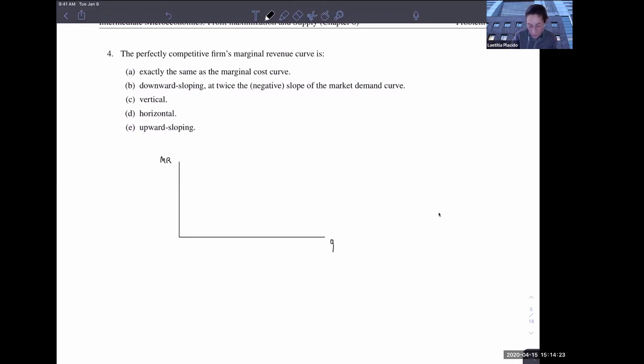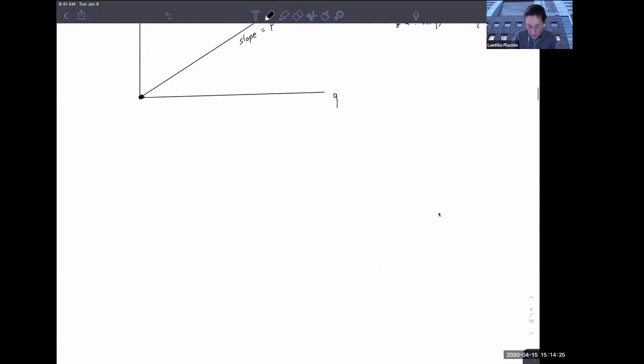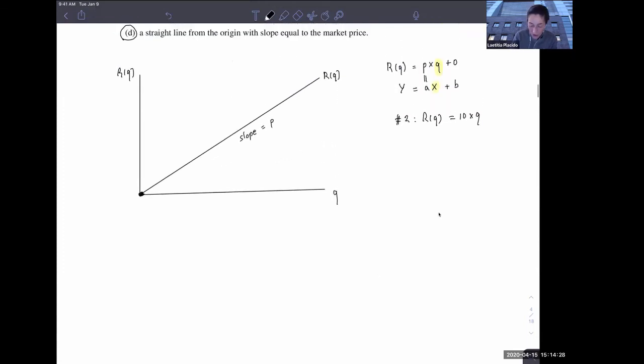If we want to relate to the previous graph here, what is the marginal revenue in that graph? It doesn't depend on Q here, and it's equal to P, the slope of the total revenue curve. So whatever the level of production, the marginal revenue is going to be P, so it's a constant.